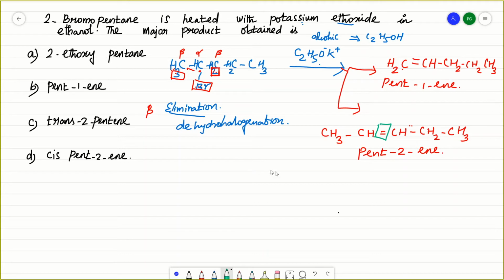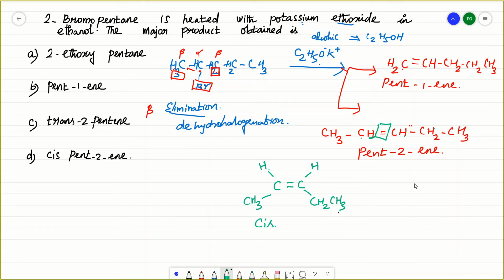trans isomer. What is cis and trans isomer? See, this is C double bond C. This H is here and this H is here. What are the remaining groups? We have CH3 and here we have CH2CH3. If both hydrogens are on the same side, then we call it cis.